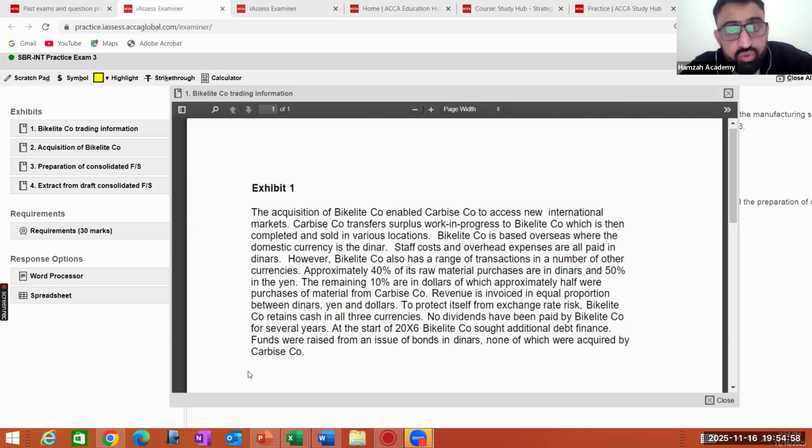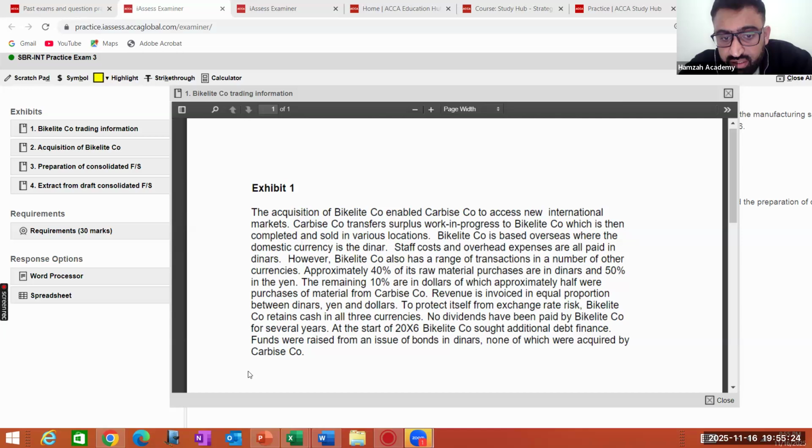So there is no one significant currency in which we can say they invoice their sales or revenue. So we can't identify the functional currency in terms of revenue. And in terms of operating cost, 40% of the raw material is in dinar and 50% in yen. It is also confusing.